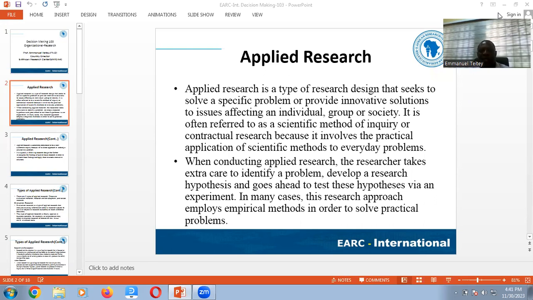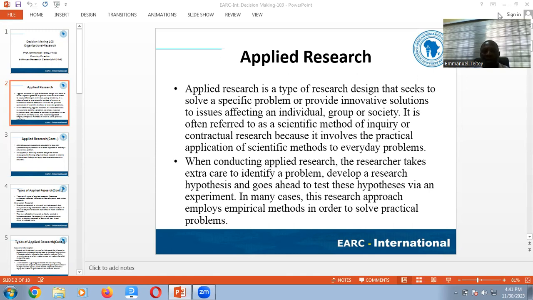Applied research is a type of research design that seeks to solve a specific problem or provide innovative solutions to issues affecting an individual, group, or society. It is often referred to as a scientific method of inquiry or contractual research because it involves the practical application of scientific method to everyday problems.